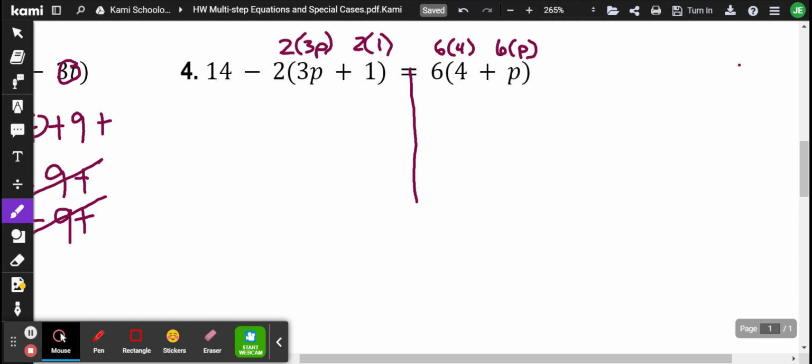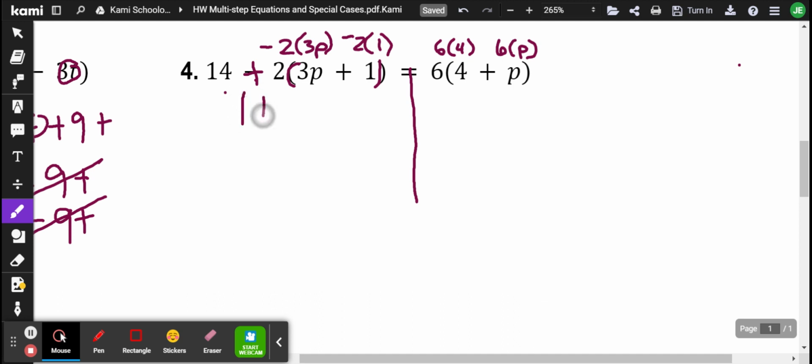So number 4, we are subtracting 2 times this whole parentheses here. Because we're subtracting, we need to make sure that we distribute that through the parentheses. So we're multiplying by negative 2 to both things inside the parentheses.